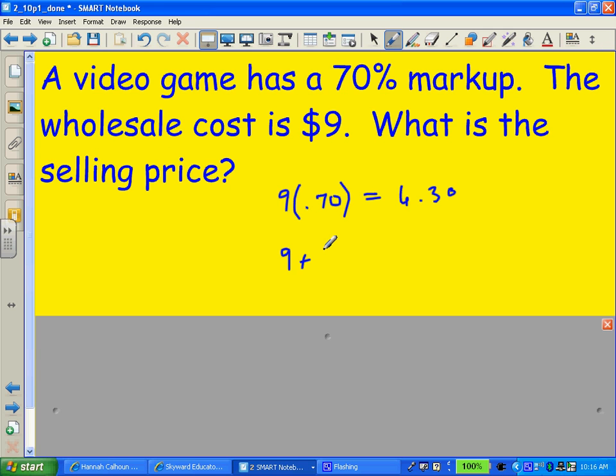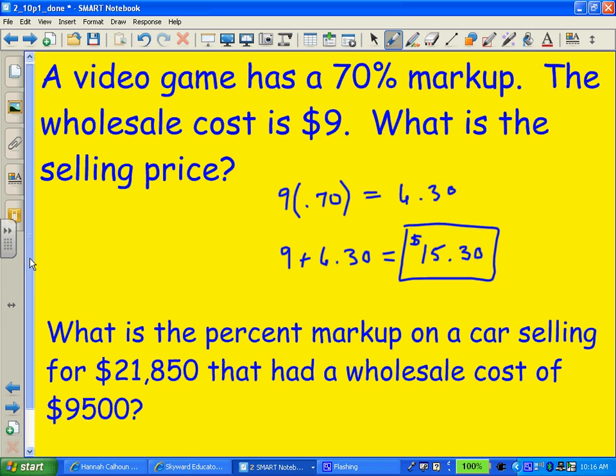What is the selling price? Well, it's a markup, so I have to add 9 plus $6.30. So that video game is going to sell for $15.30. Pretty cheap video game, I think.